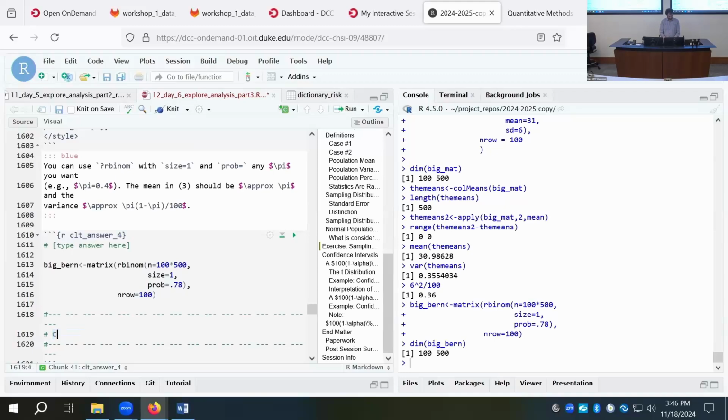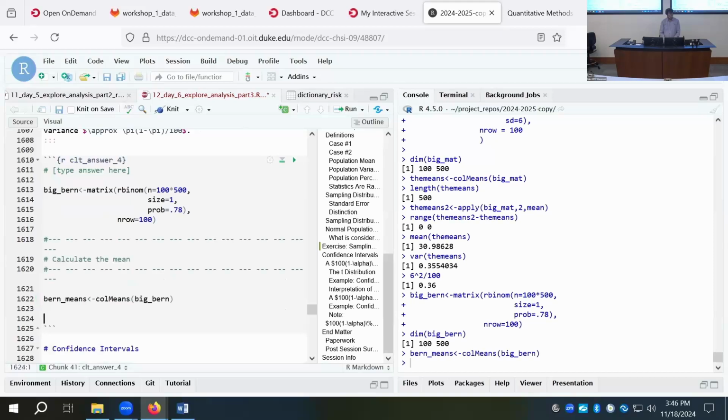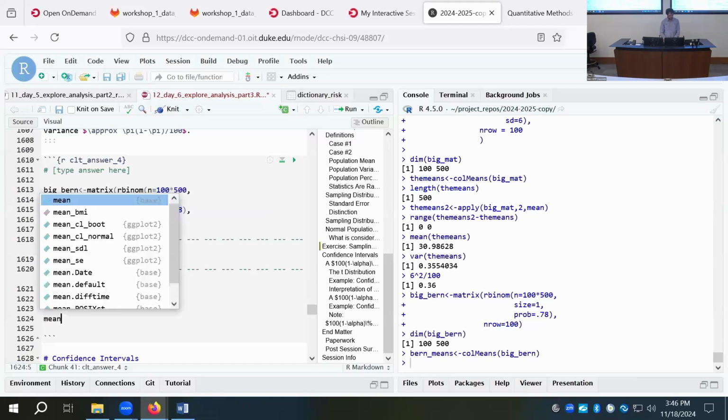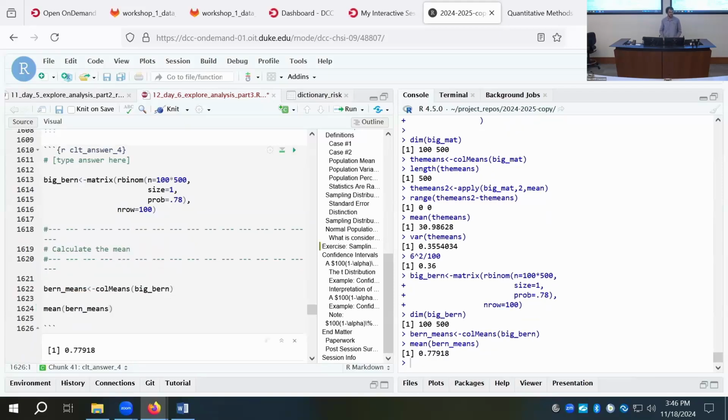All right, calculate the mean. I go colMeans of big bern, bern means. When we calculate the mean of this, it should be 0.78, very close. Bern means is 0.77918, very close.